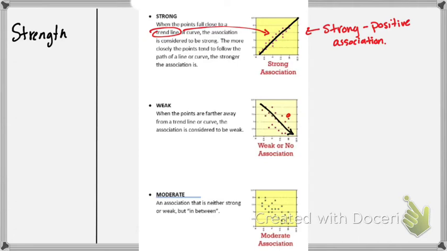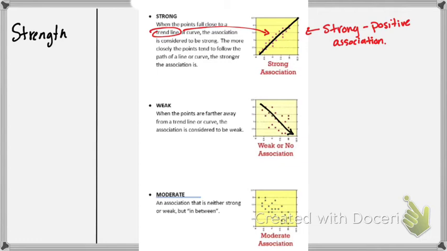This point over here is further away, and these are further away compared to the ones where it's a strong association, where they have small distances from that trend line. So here you could probably say that it's a weak no association or a weak negative association. It just depends on what answers you have, if it's a multiple choice question.